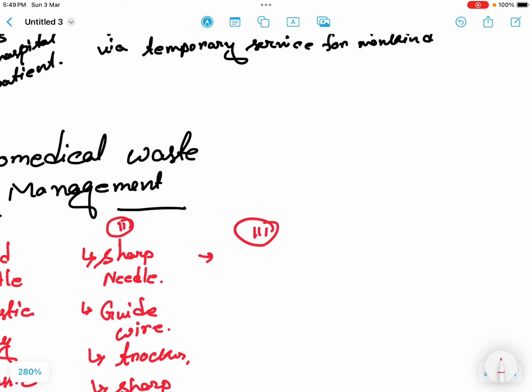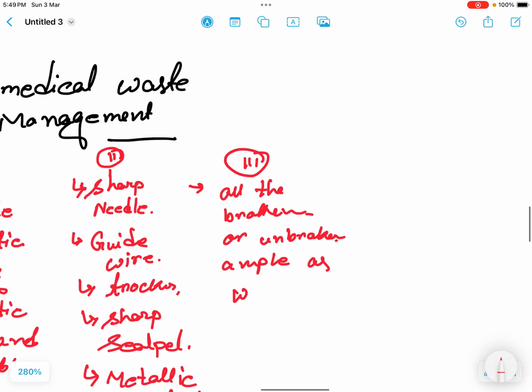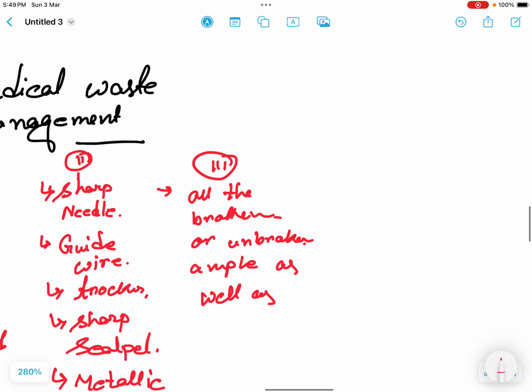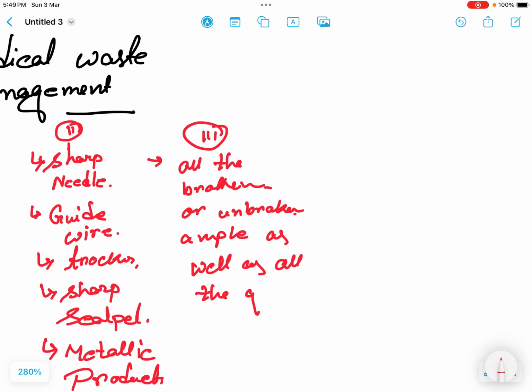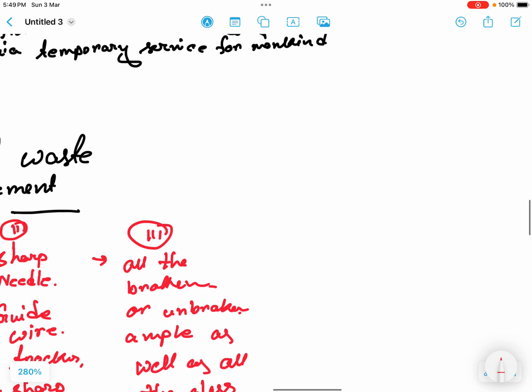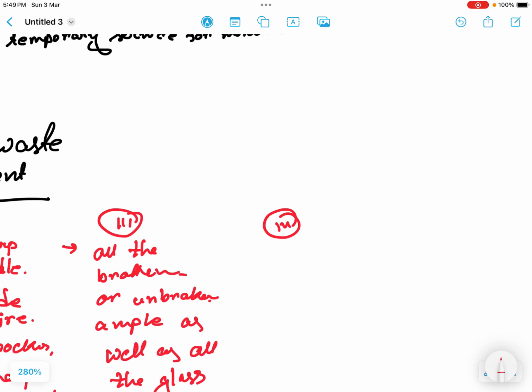Here we would like to write all the broken ampoules, as well as all the glass product, right?